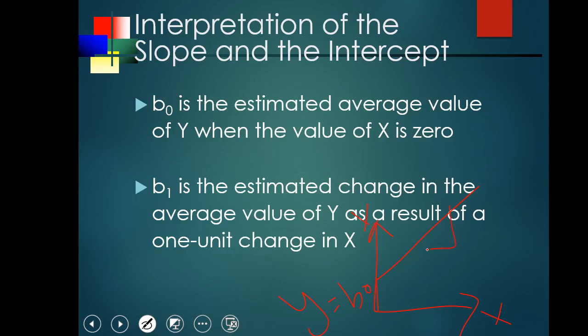As beta 1 represents the slope, it is the change in the value of y as a result of a unit change in x.